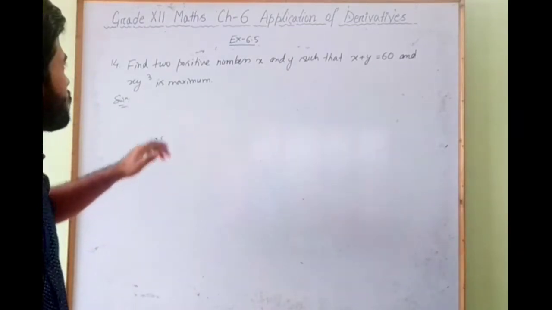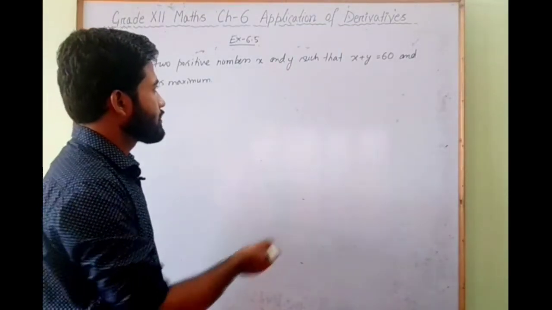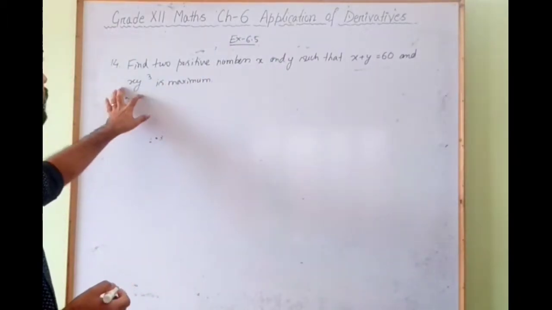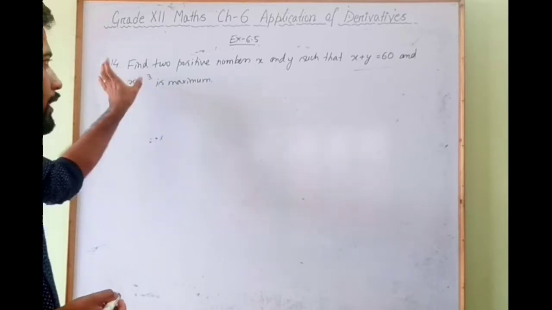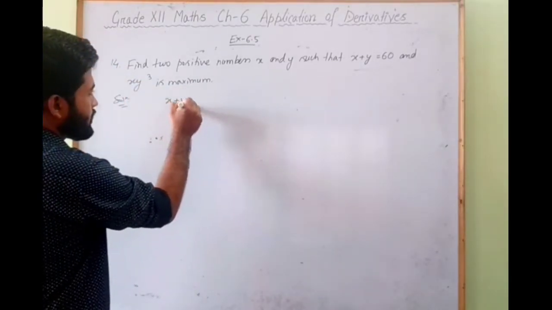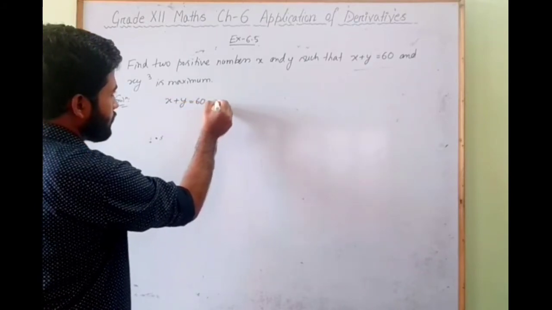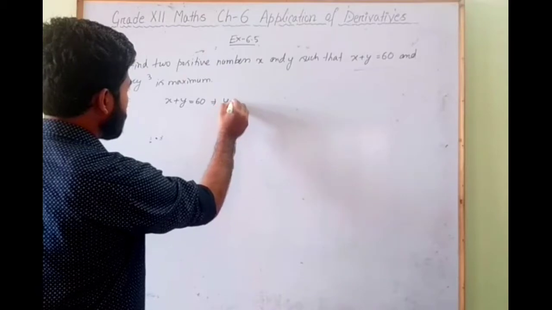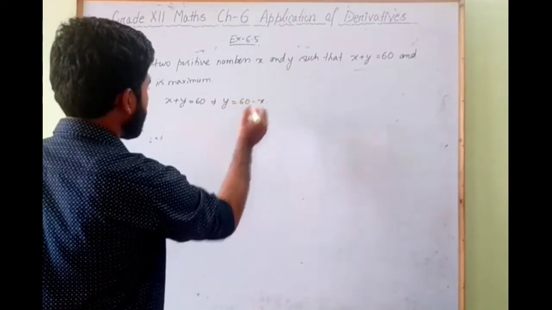Here, find the two positive numbers x and y such that x plus y is equal to 60, and x y cube is maximum. That is our function, and we have to maximize this. So how to do? Here the first equation is given, x plus y equal to 60, so from there we can write y is equal to 60 minus x.